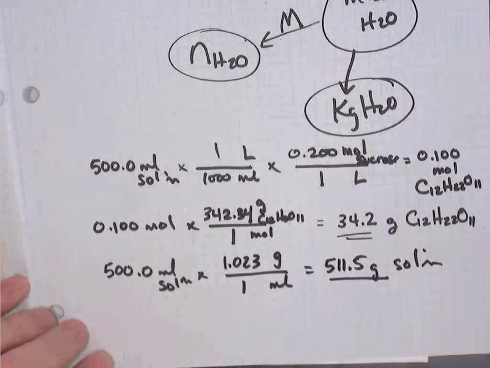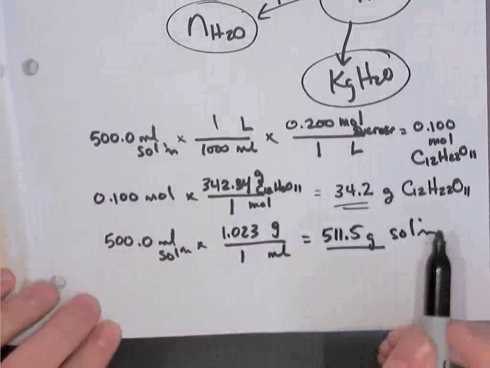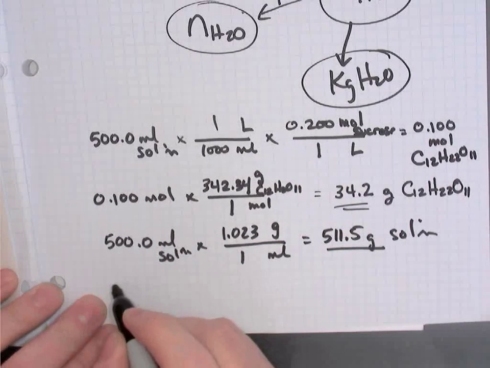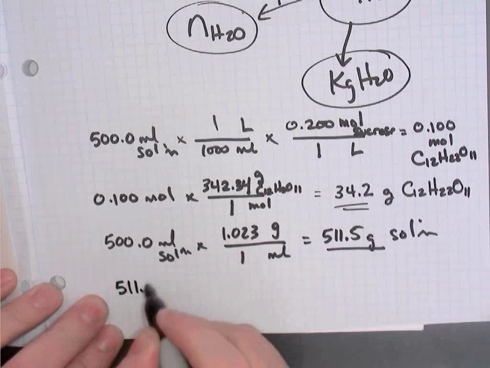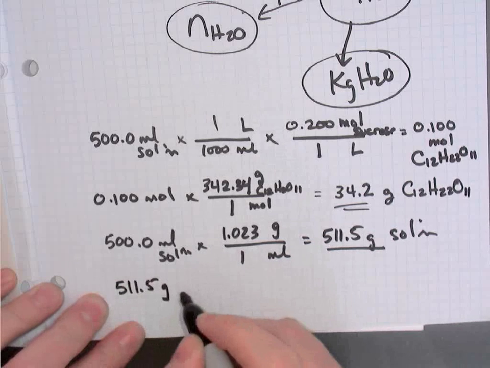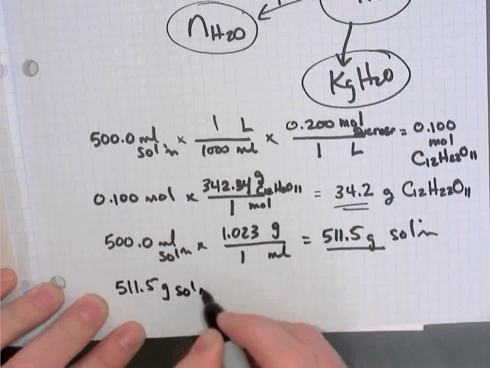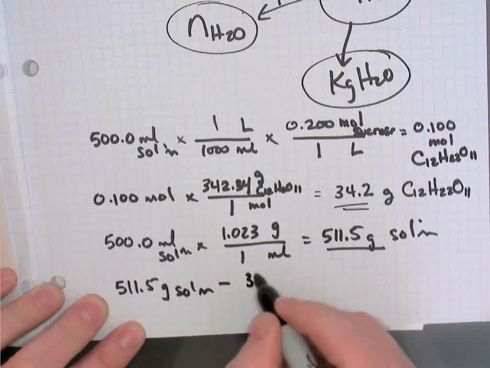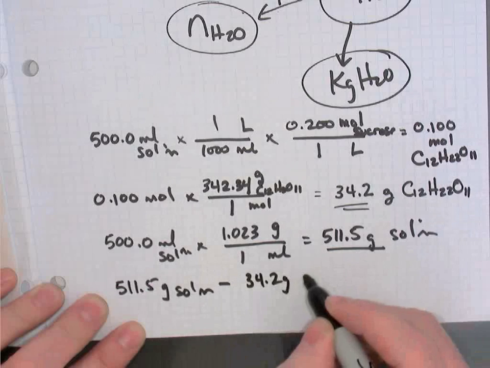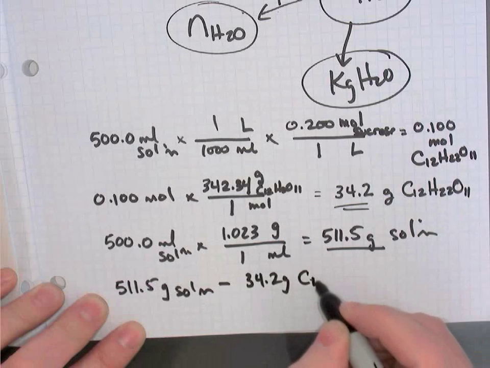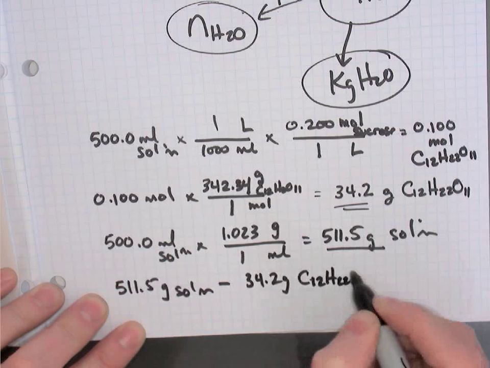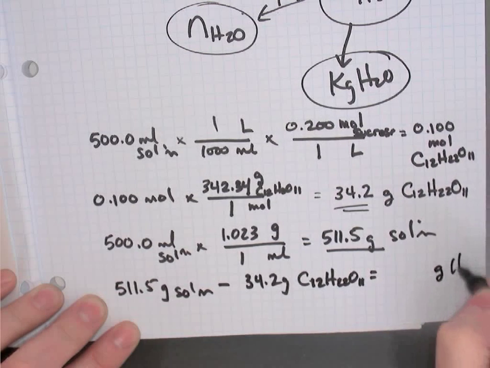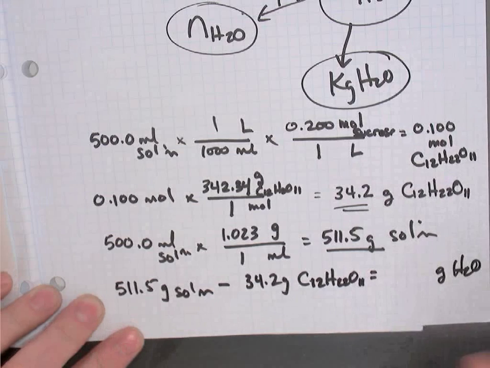And now, using the law of conservation of mass, we look back at our plan, we can take 511.5 grams of solution and subtract the 34.2 grams of sucrose. The difference has to be the mass of water that was in the solution.